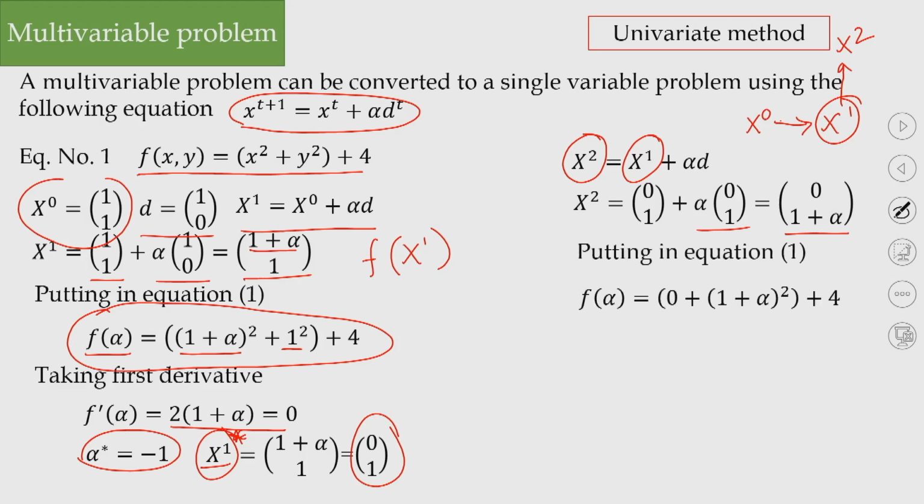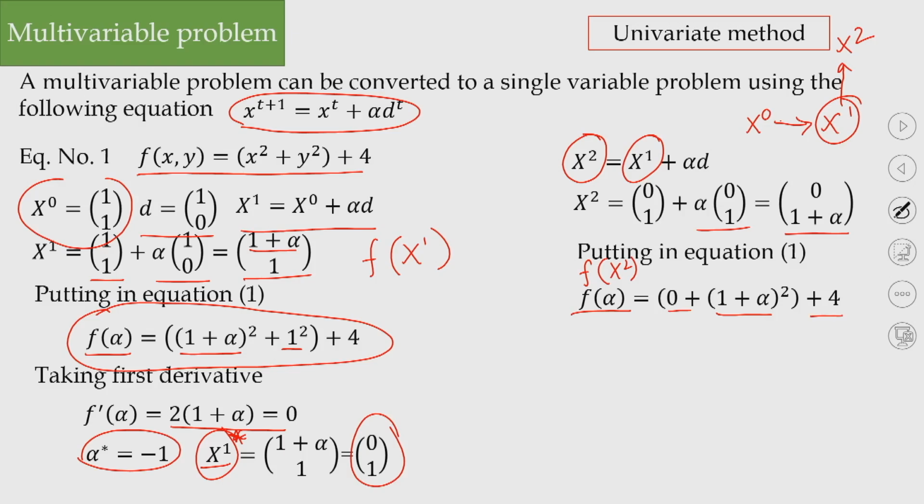So, now if I put it in equation 1, that is, I can put f of x 2, and in terms of alpha I can write that as f of alpha, which is equal to, with x equal to 0 and y equal to 1, plus alpha square plus 4.